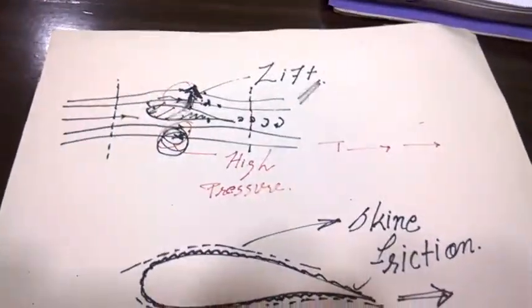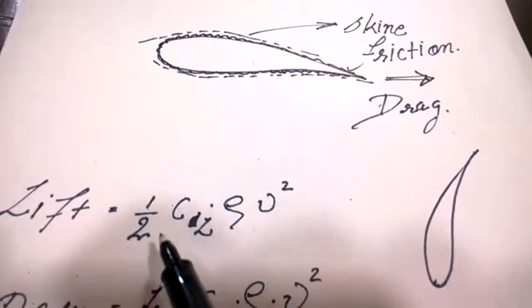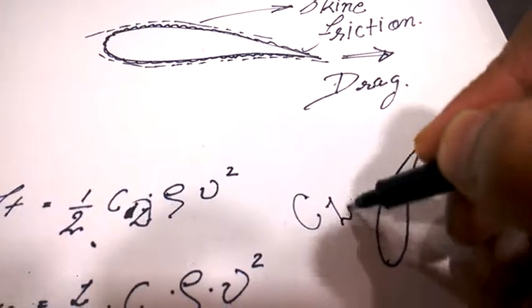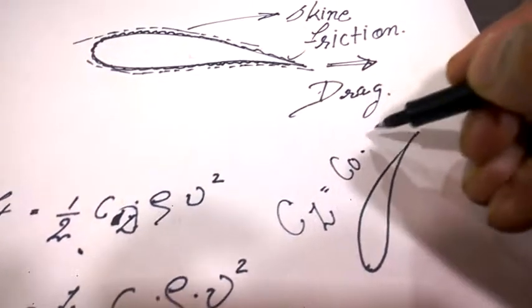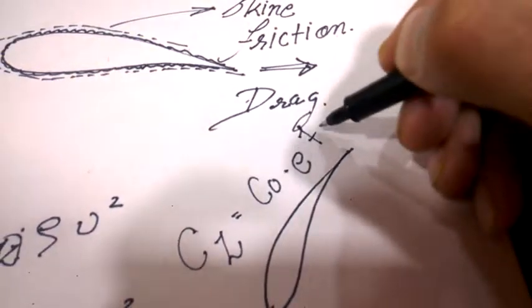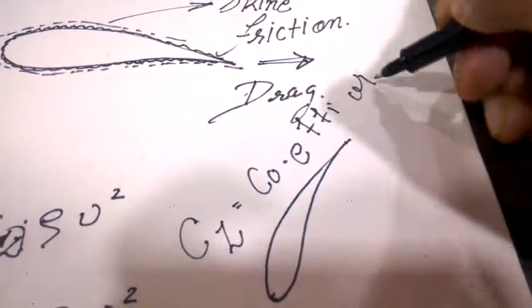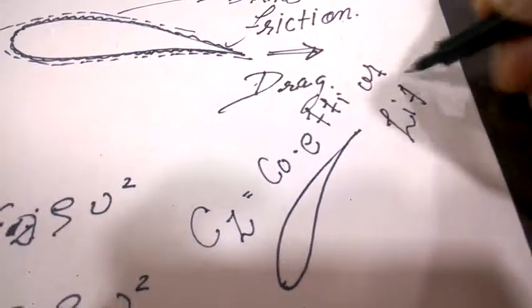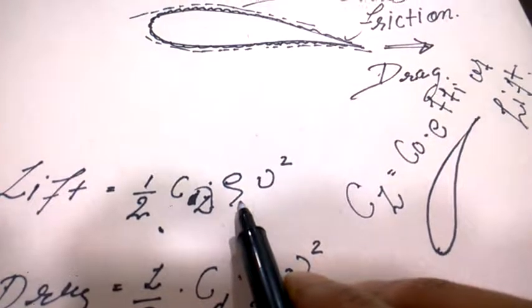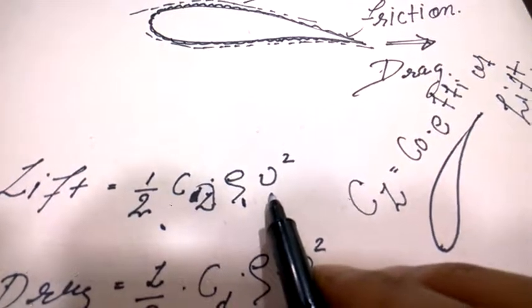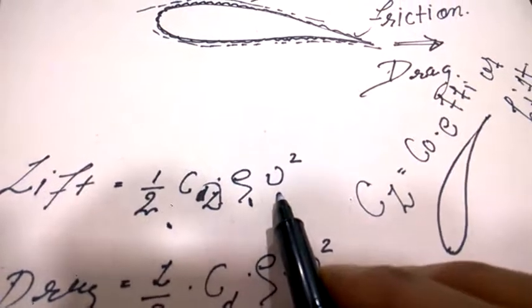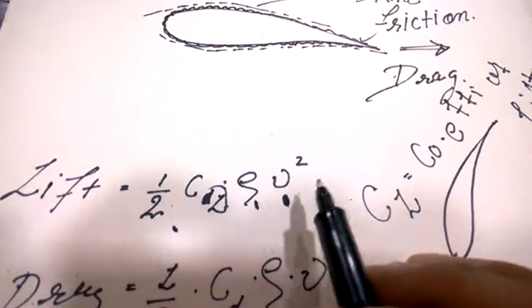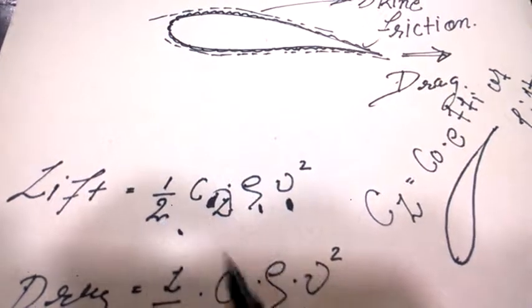Now let's see the equation of the lift. The equation of lift is equal to 1/2 CL rho V squared, where CL is the coefficient of lift, rho is air density, and V is the instantaneous velocity at any certain point where you are finding the lift.